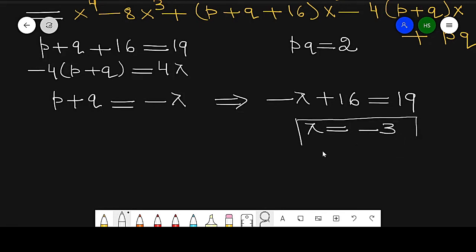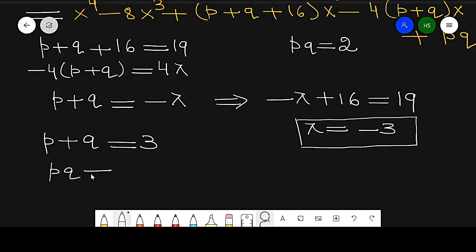This is the value of lambda. Now we can find the value of p plus q: p plus q will be 3 and the product pq will be 2.